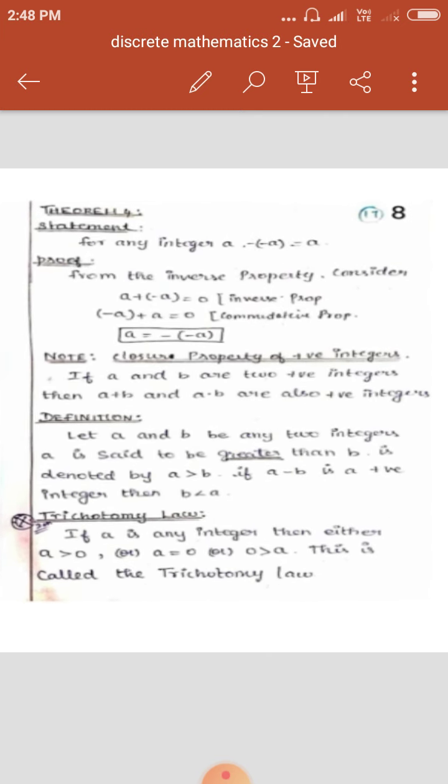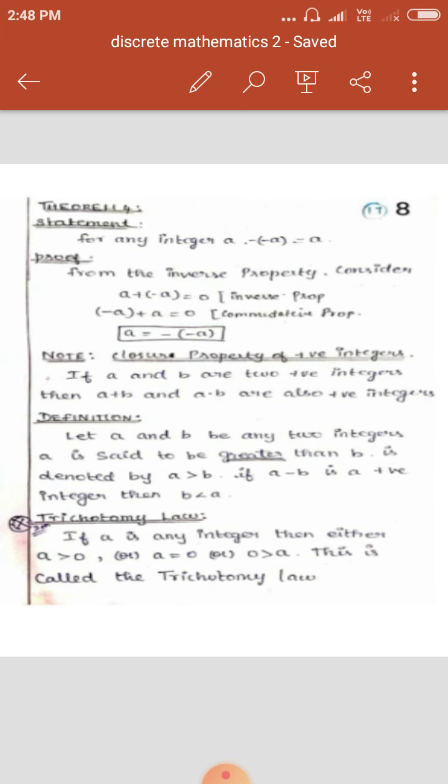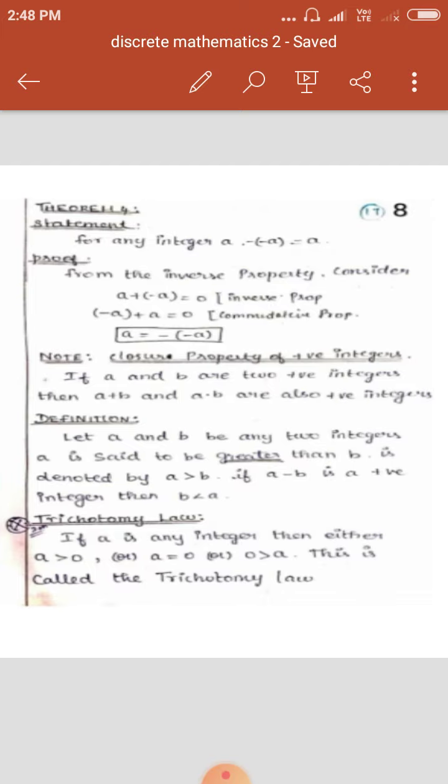Next one, a and b be any two integers. a is said to be greater than b, denoted by a is greater than b, if a minus b is a positive integer, then b is less than a. What's the definition for greater integer? a is said to be greater than b means a minus b is a positive integer, which means b is less than a.